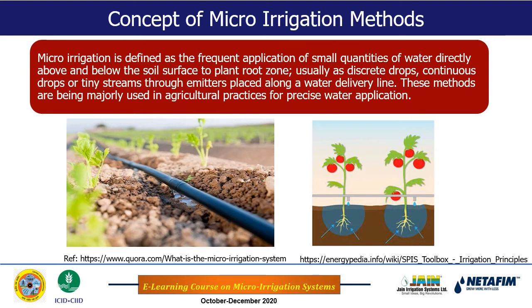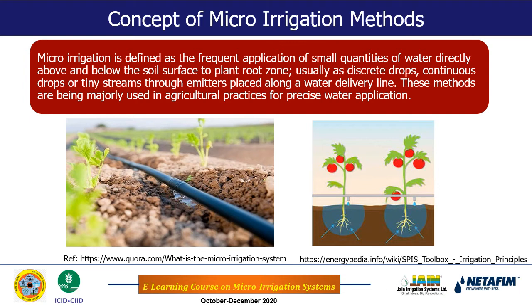Basically, micro irrigation methods are the methods where we can apply a very small quantity of water frequently, but before that we should also know the importance of applying water frequently. The importance is to maintain the soil moisture in the root zone within the allowable range.